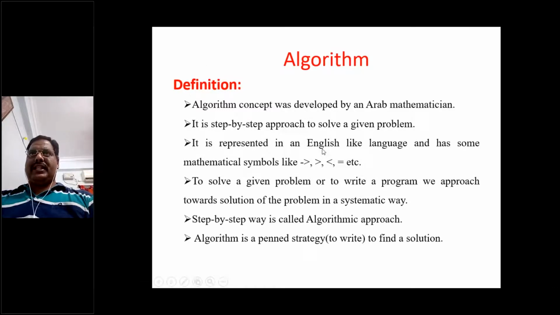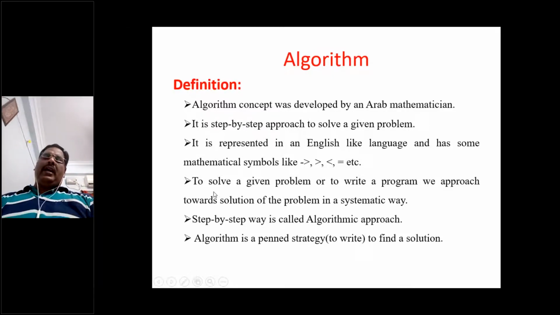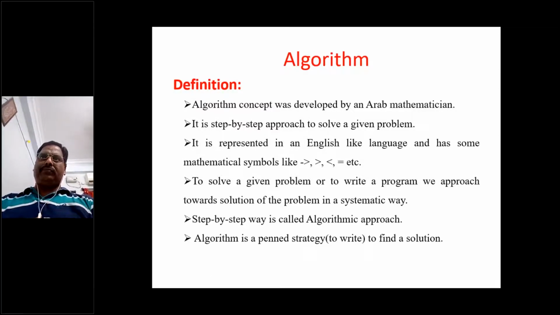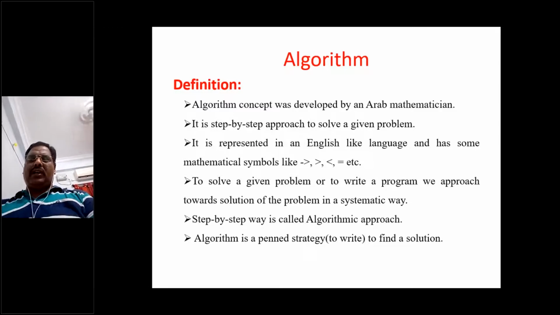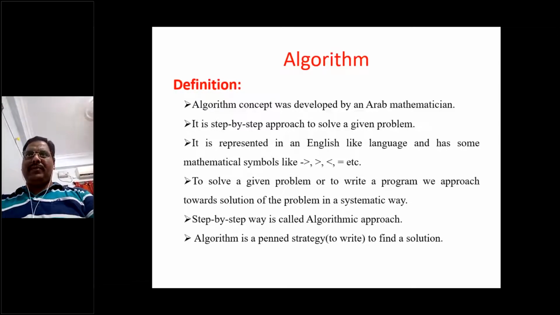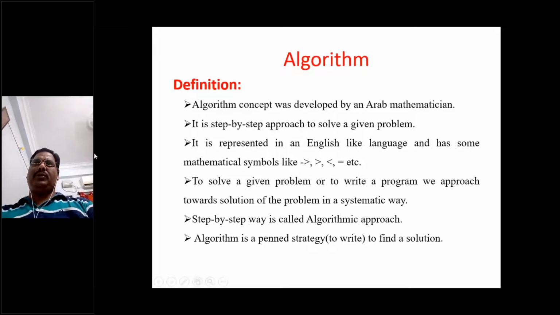But using English, we also use some symbols like greater than, less than, equal to, etc. In order to solve a problem or to write a program, we approach a solution to the problem in a systematic way. That is what we are designing. The step-by-step way is called the algorithmic approach, right?